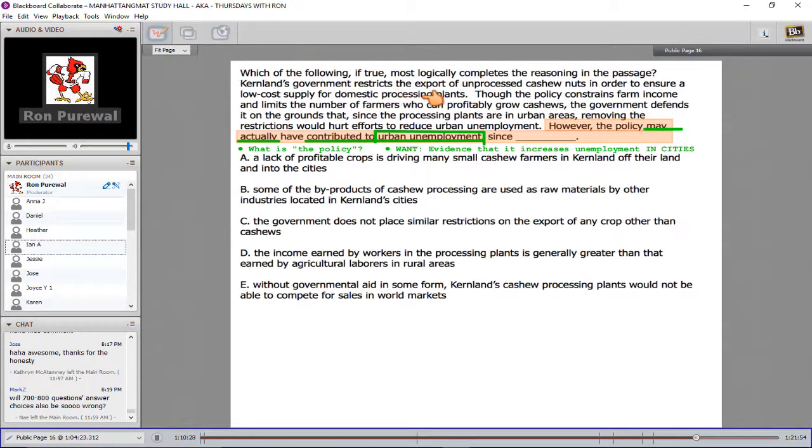All right, so the policy is this. The policy is to restrict the export of unprocessed cashews so that they can go to the processing plant. That's the policy.